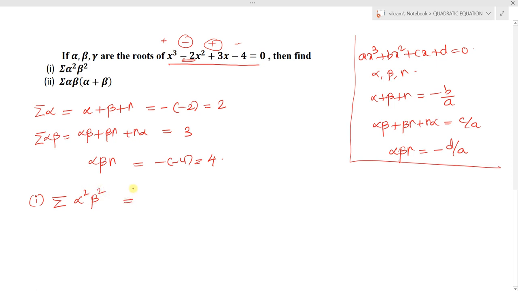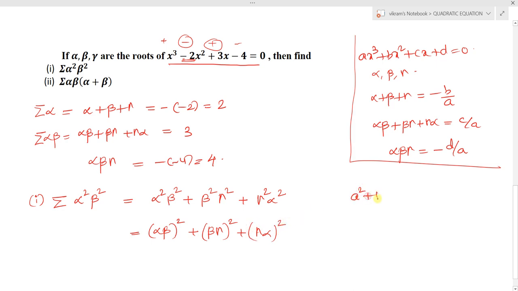We can write this as alpha square beta square plus beta square gamma square plus gamma square alpha square, which can be written as alpha beta whole square plus beta gamma whole square plus gamma alpha whole square. Now this is in the form a square plus b square plus c square.